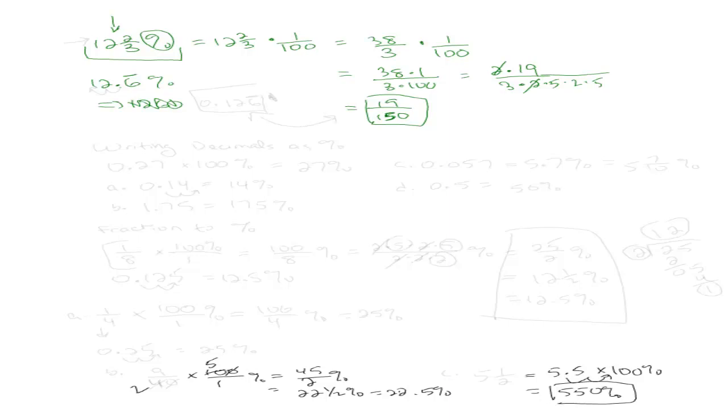And I get 1260. Hold on, that doesn't make any sense. Sorry, I divided by 100, so I moved the decimal point to the left twice. So I get 0.126 repeating. There you go. So no percent. And these two are equivalent.